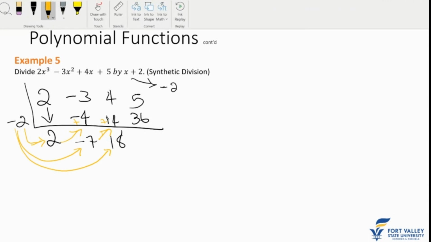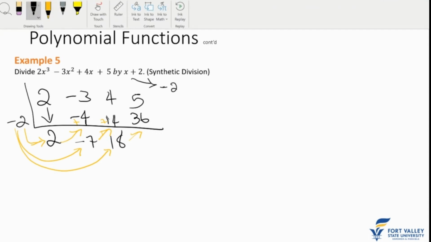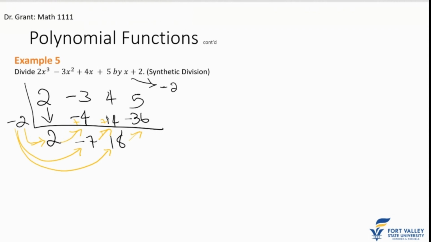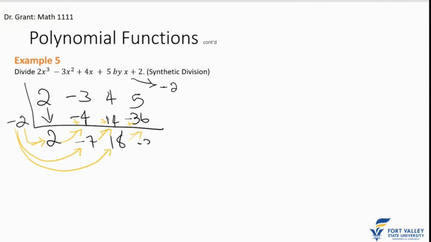Put that there. And actually it's -36. And I am adding. That's going to give me a -31. And so now I'm going to write my answers one degree less.